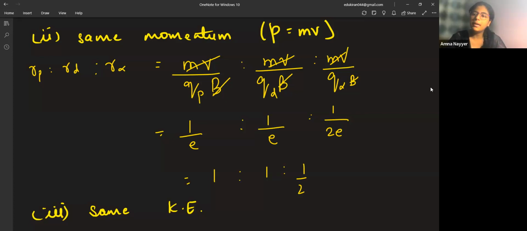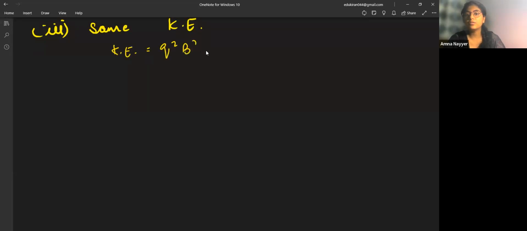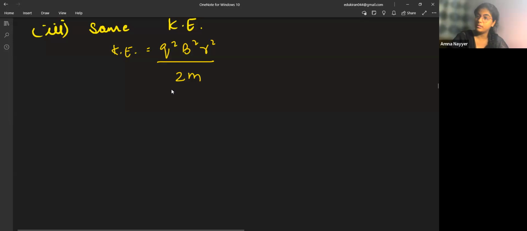Now the third part is saying same kinetic energy. So what is the formula of kinetic energy? Q square B square R square divided by 2m. If you have the same kinetic energy, what is the radius from here?